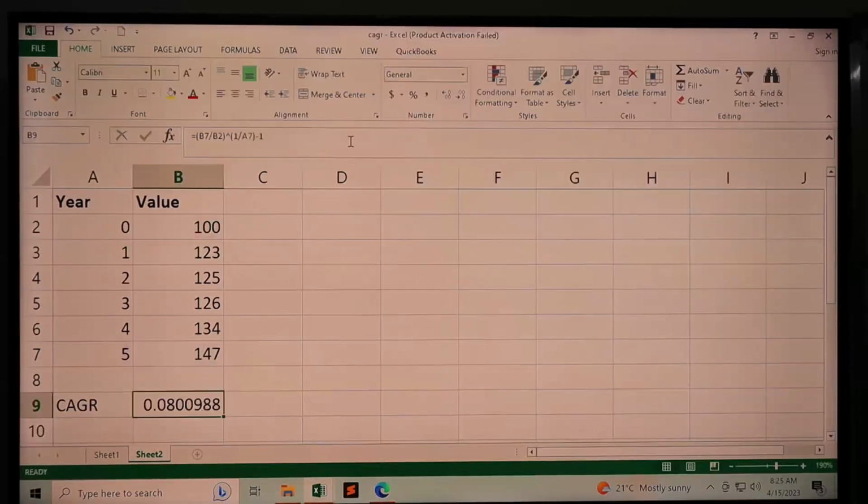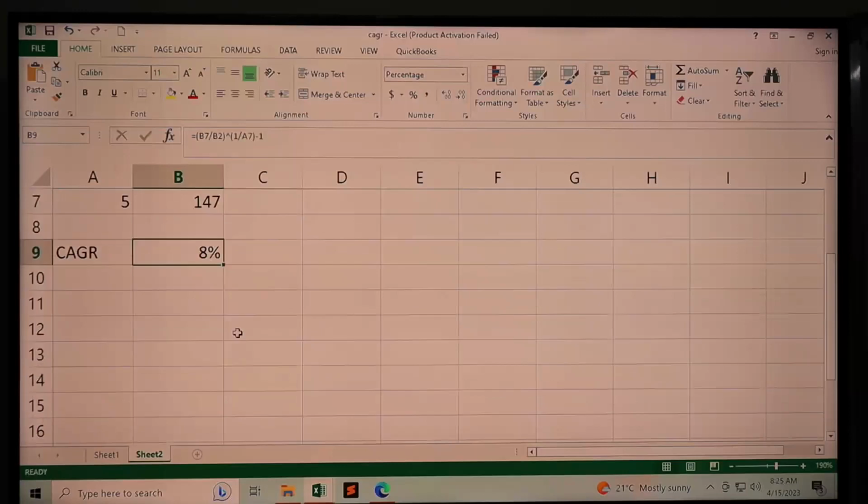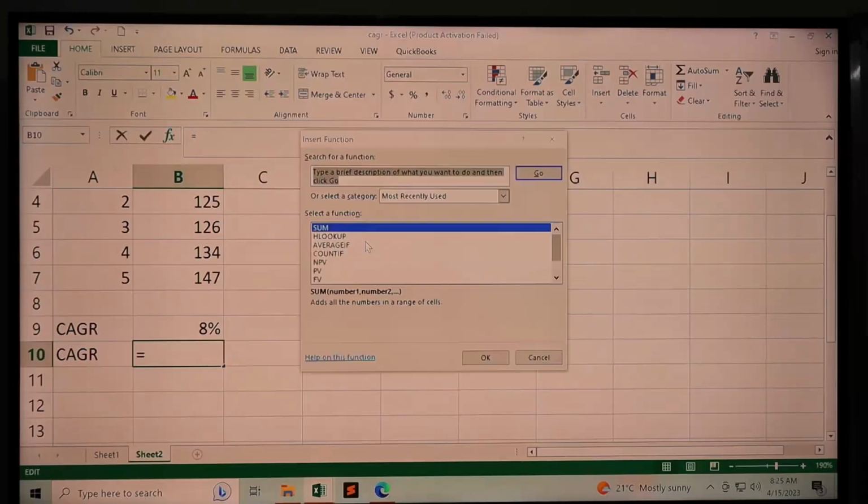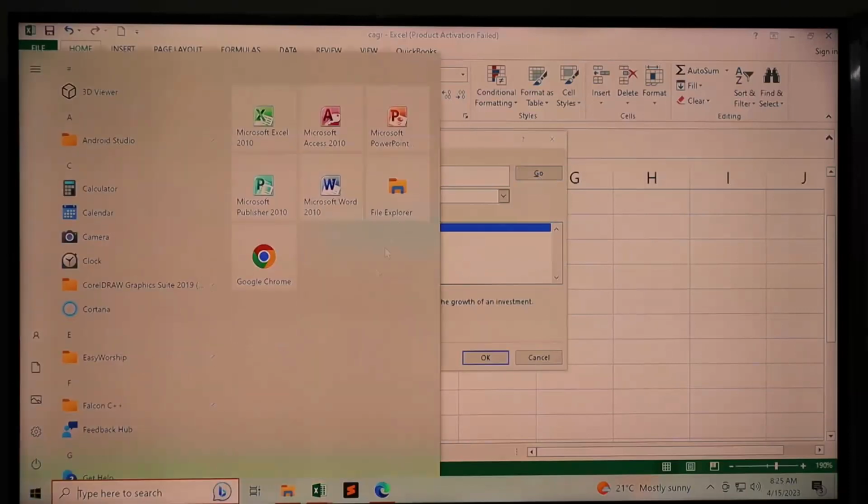You have to set it in percent. So you can still do the same using an Excel function. So here you insert that function, just type there RRI. Remember that this function is only available in higher Office versions like 2013. Like the one I'm using here is 2013.